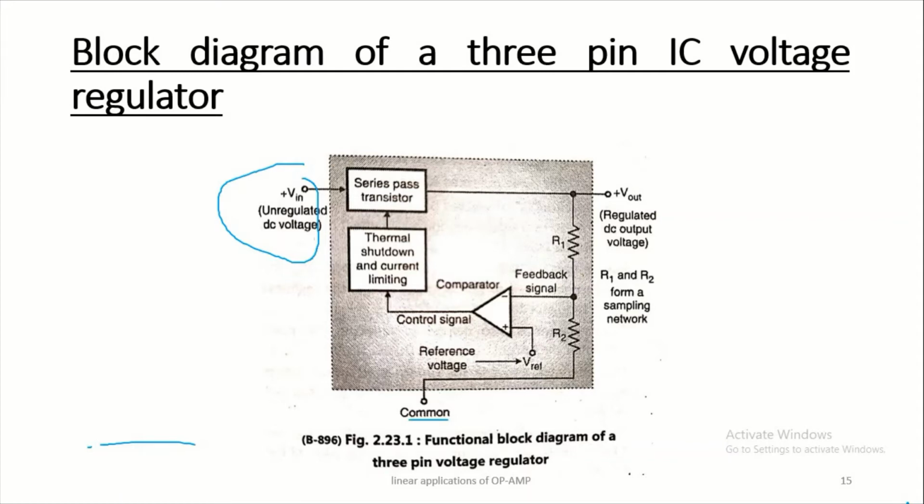The resistances R2 and R1 form a sampling network to produce a feedback signal proportional to the output voltage. V reference is the internally generated voltage reference.